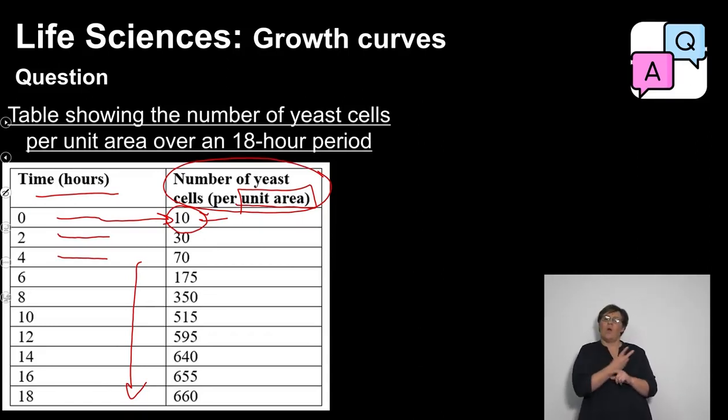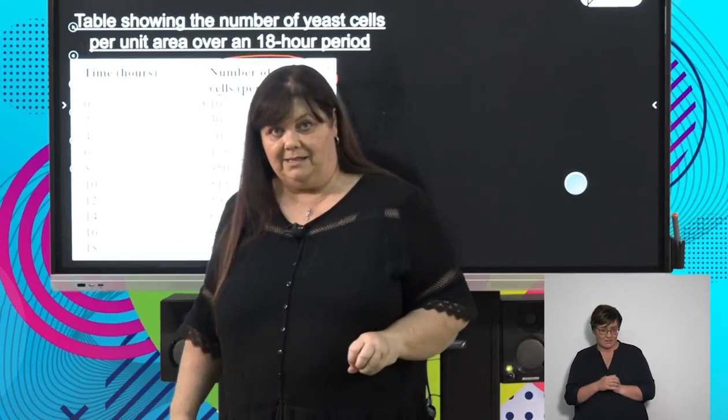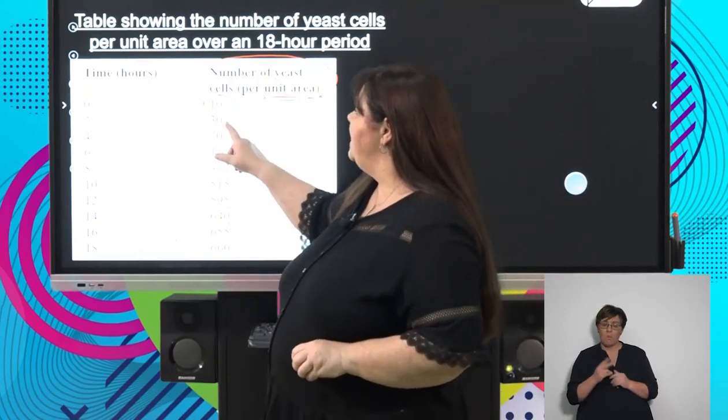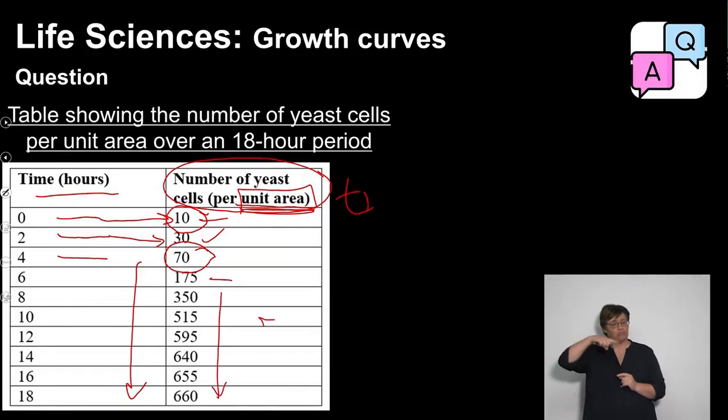We come back after 2 hours and we take another sample. Same unit area, same size, that is a controlled variable. Now we see that our size of our population is in that same space, 30 yeast cells. 2 hours later, it's gone up to 70, to 175, and we can see what we call a trend.